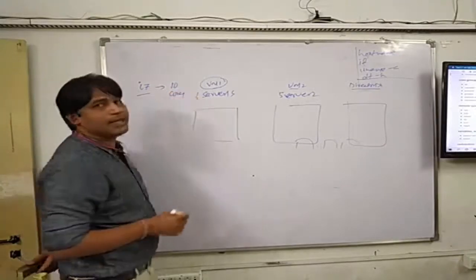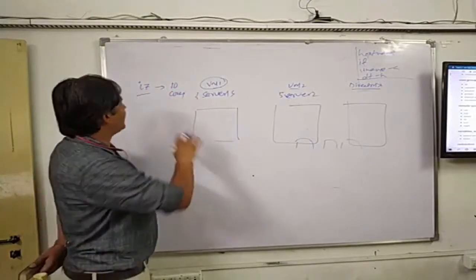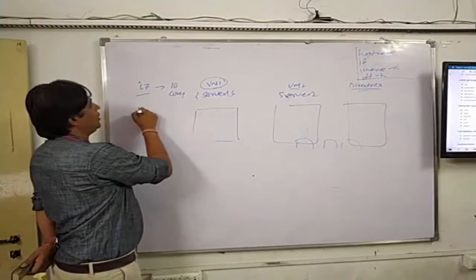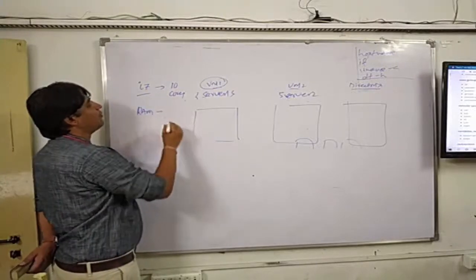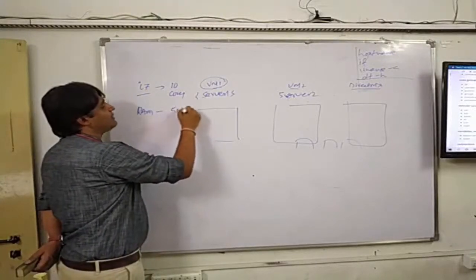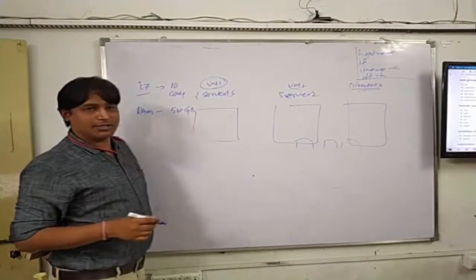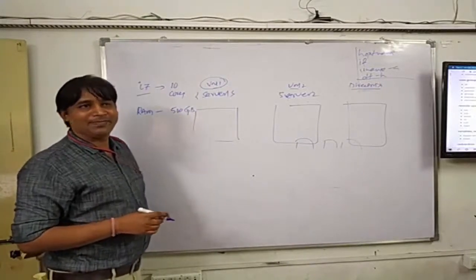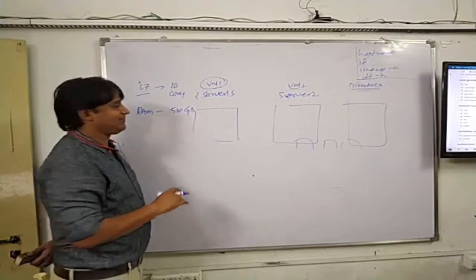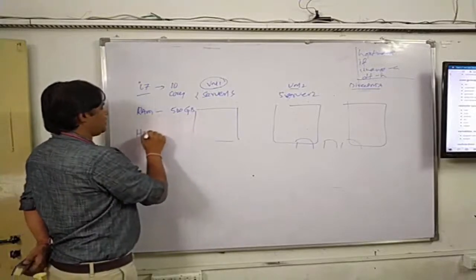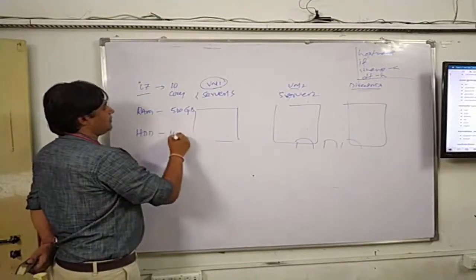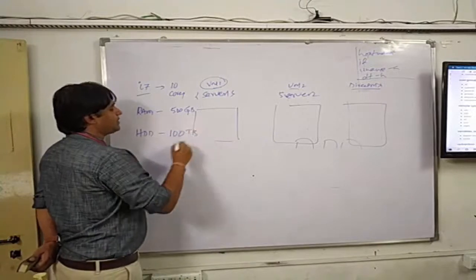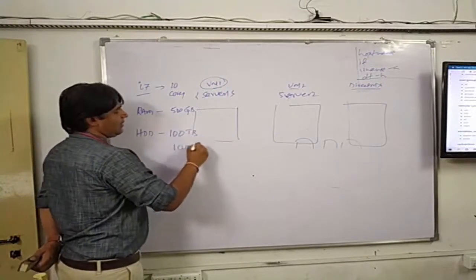Each one is a processor. Then you put a RAM of 500 GB, not the 6 GB on your laptop. 500 GB. Then you have hard disk of 100 terabytes, or let's say 100 petabytes.